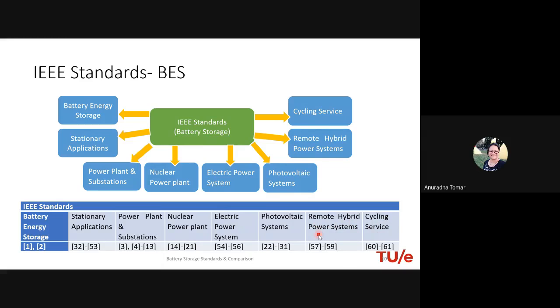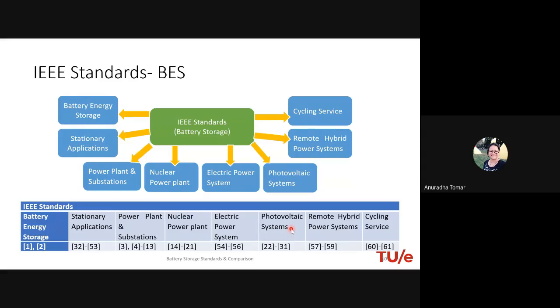If we talk about battery energy storage with reference to photovoltaic systems, which is a current need, as well as the remote hybrid photovoltaic power system, a lot of standards are available in the IEEE.